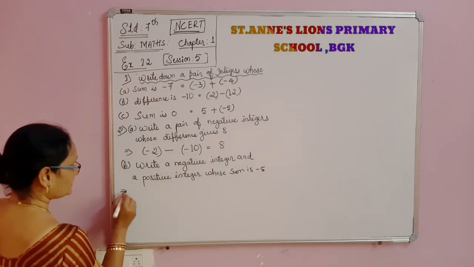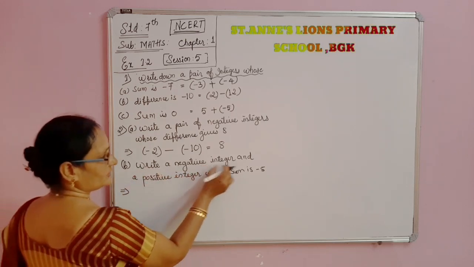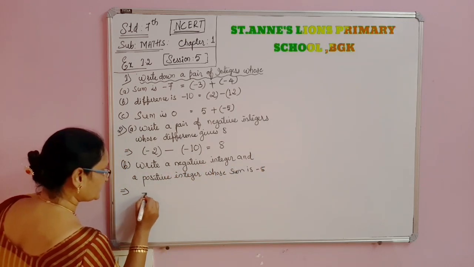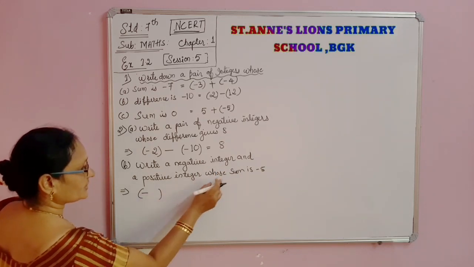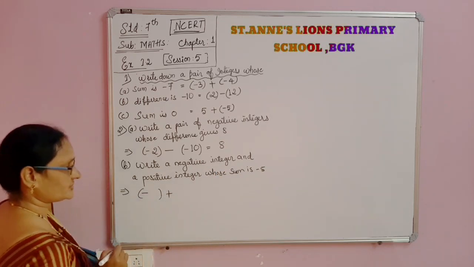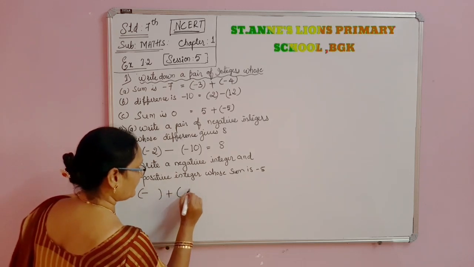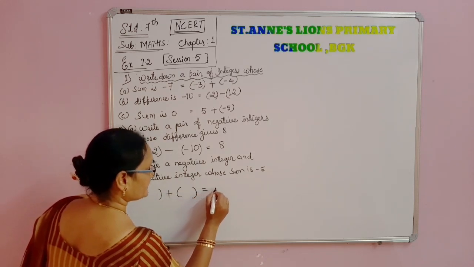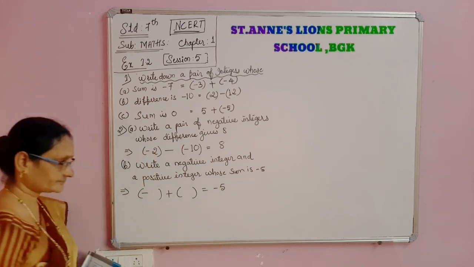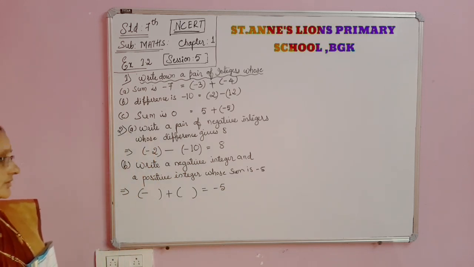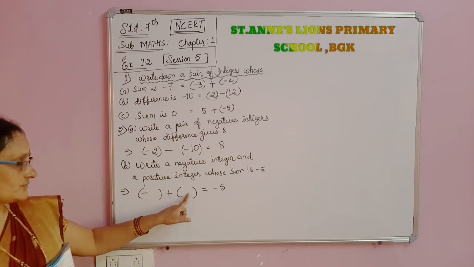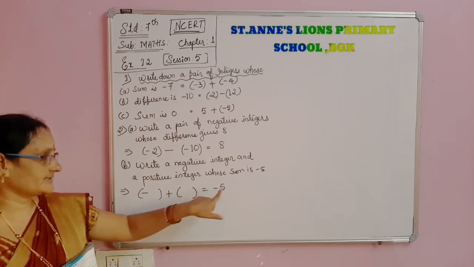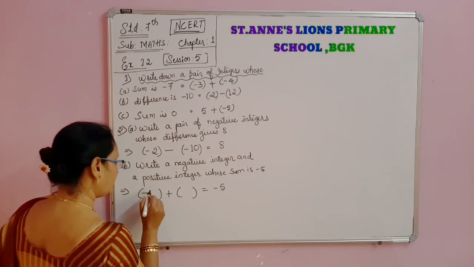See what the condition is here. Write a negative integer and a positive integer. Here one negative integer and one positive integer whose sum, here addition, is minus 5. See what kind of numbers we have to take here. We will write a negative integer and a positive integer whose sum is minus 5. Very easy, you can take it.